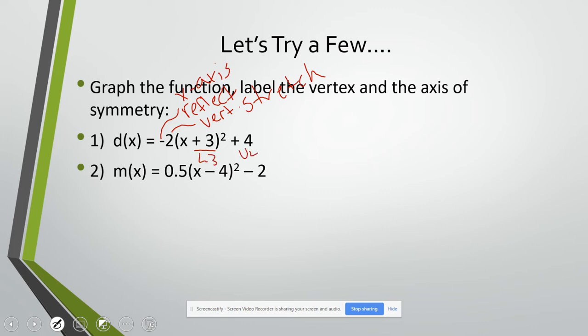And then the plus 4 is an up 4. We also know, because this is vertex form, once I change this to the -3 that it really is, that -3, 4 is my vertex. That also tells me that my axis of symmetry is the line at x equals -3.